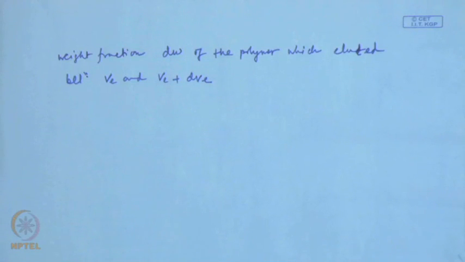We can consider this slice, which is a very infinitesimal slice. So, the weight fraction for the polymer which eluted between V and V plus dV, we can write.